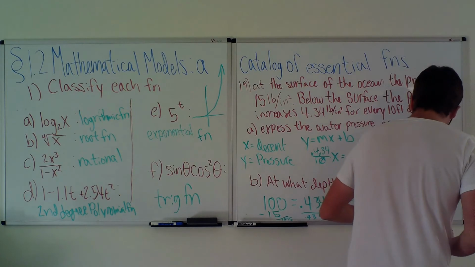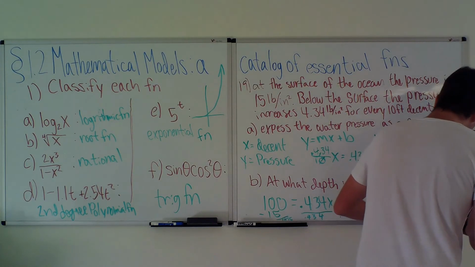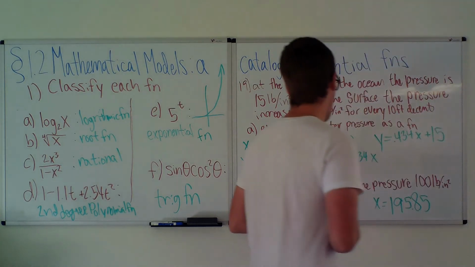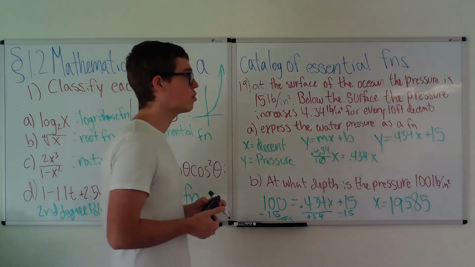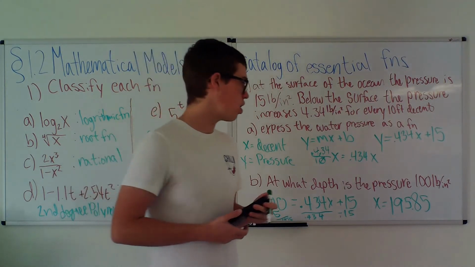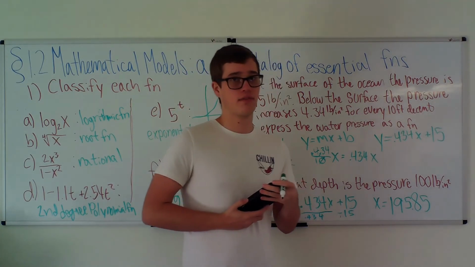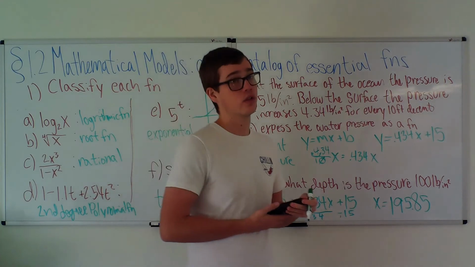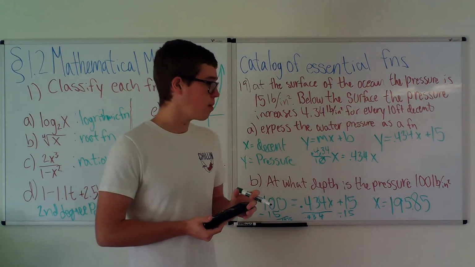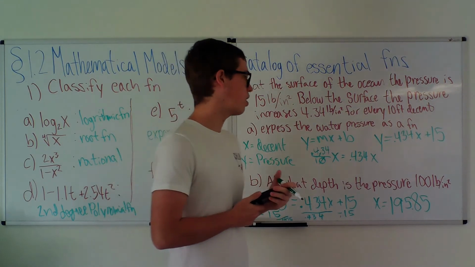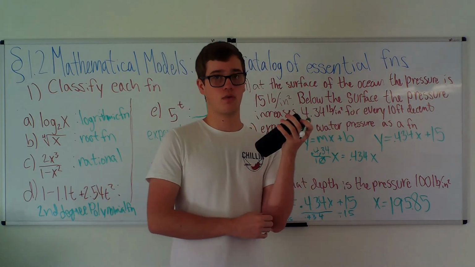So you can see that the pressure will be equal to 100 pounds per square inch when your descent x is 195.85 feet. So that means when you are 195.85 feet below sea level, the pressure on your body will be 100 pounds per inch squared.